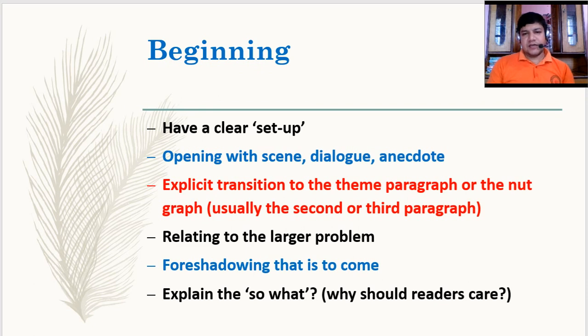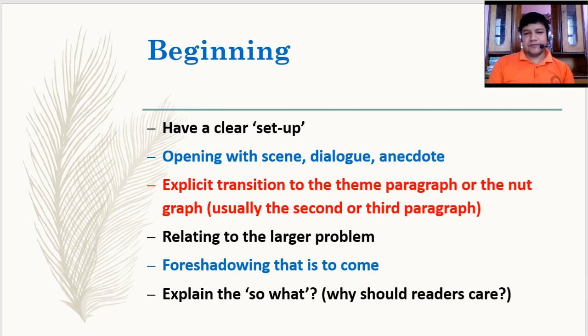The writer may open the article with an interesting scene, or dialogue, or some references, some anecdotes. There must be an explicit transition, the move from one paragraph to another, or the shift to the theme paragraph or the nut graph, usually the second or the third paragraph.